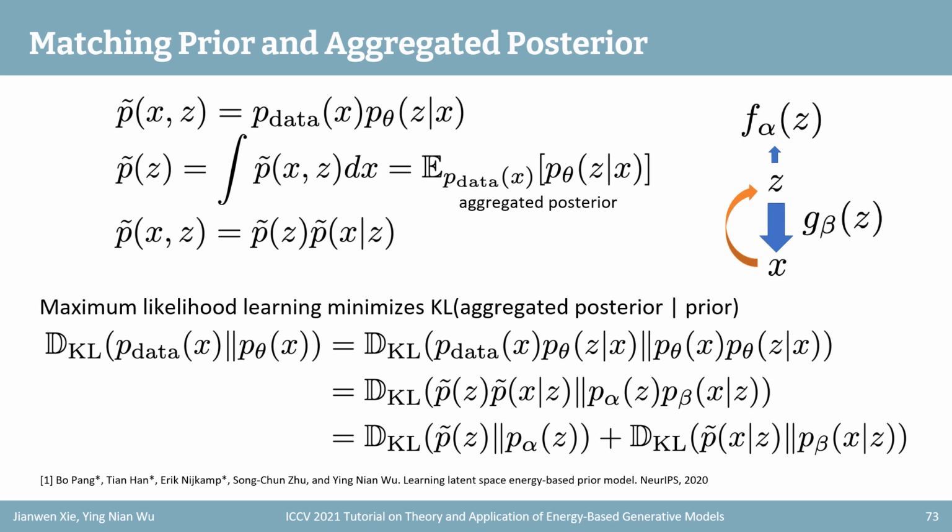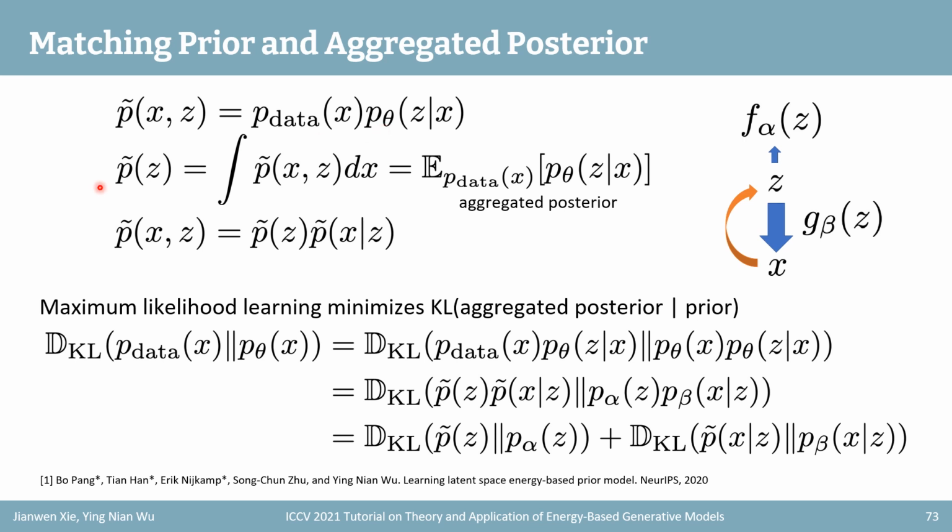The model enables the matching between the prior model and the aggregated posterior distribution. Specifically, let P tilde XZ be the joint distribution obtained by multiplying P data X, the data distribution of X, which is the empirical distribution of observed data, by P theta Z given X, which is the posterior distribution according to the model.